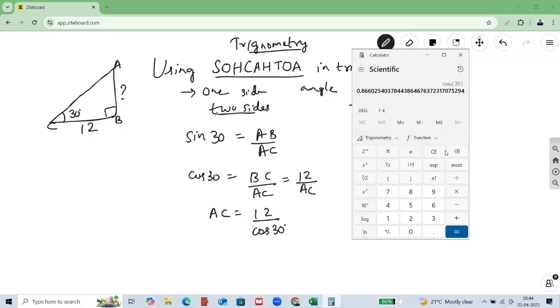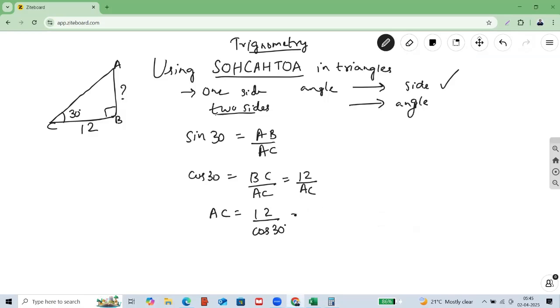Now, I can do 12 divided by this, and then I can take a reciprocal with this 1 by x. Look at this. It says 13.85. So AC is 13.85.